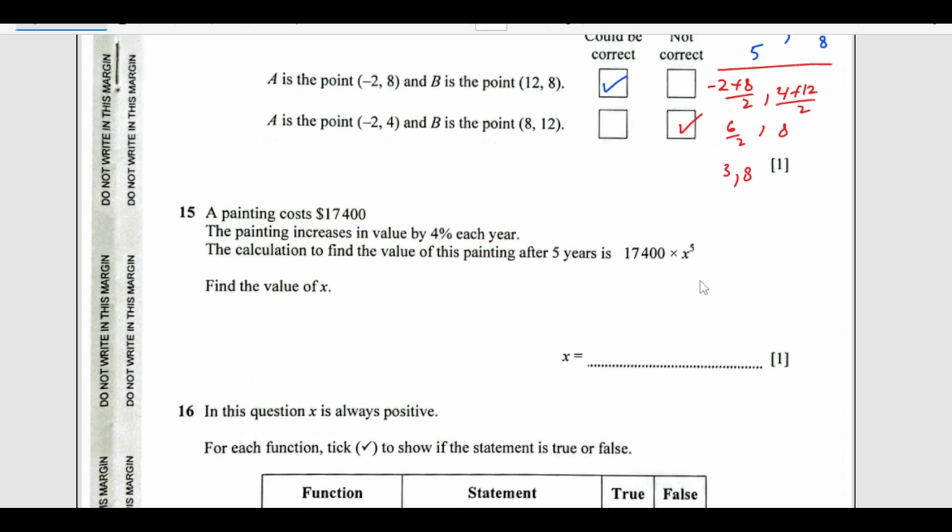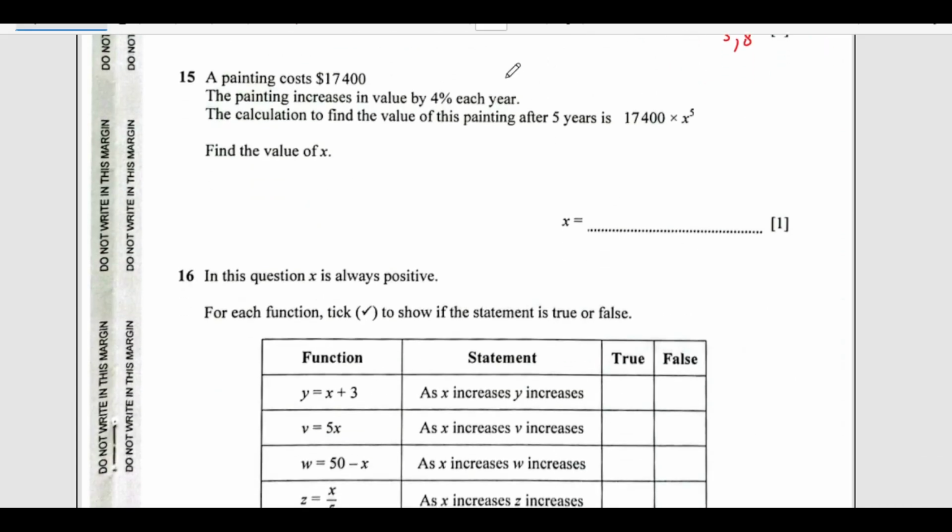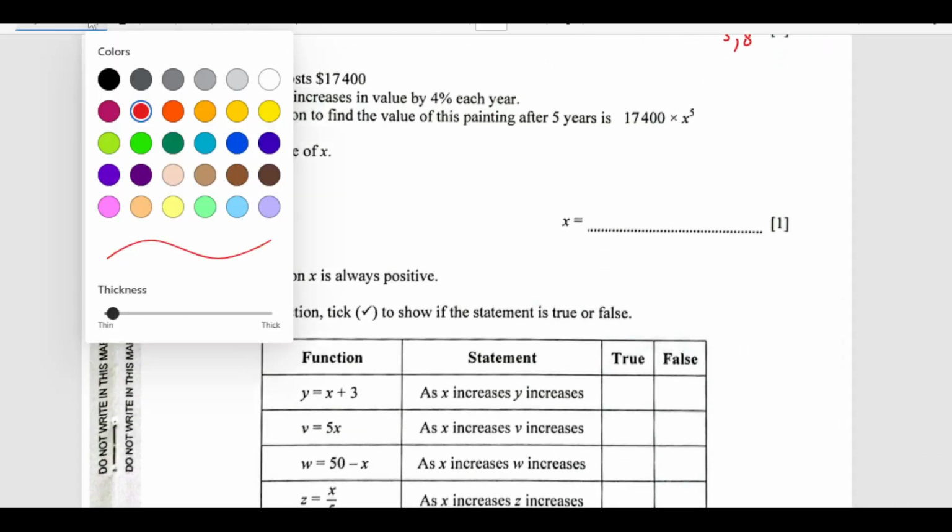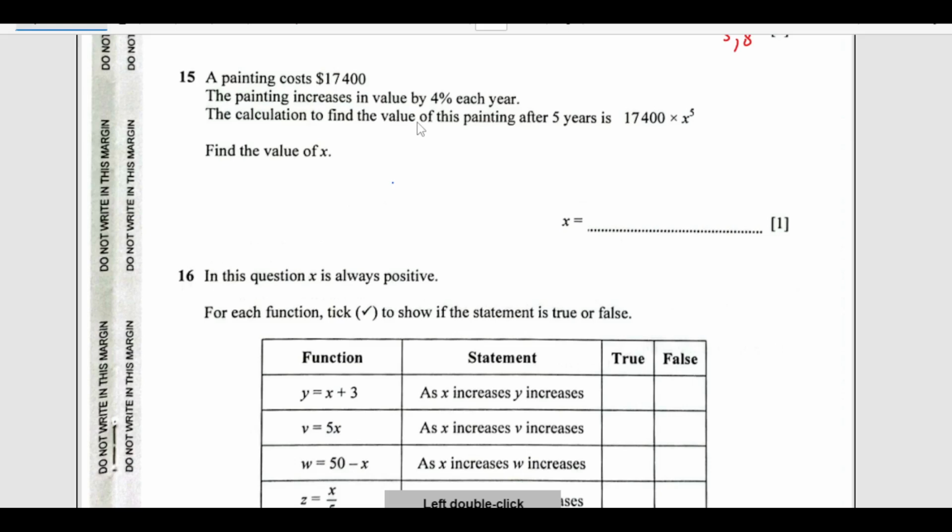Okay. Number 15, a painting costs $17,400. The painting increases in value 4% each year. Find the calculation to find the value after 5 years. So find the value of x. So we know that value of investment is P into 1 plus R over 100 power n, right?